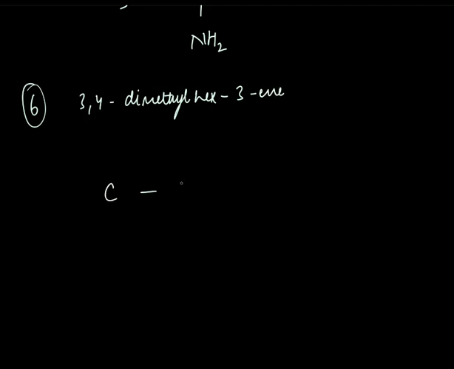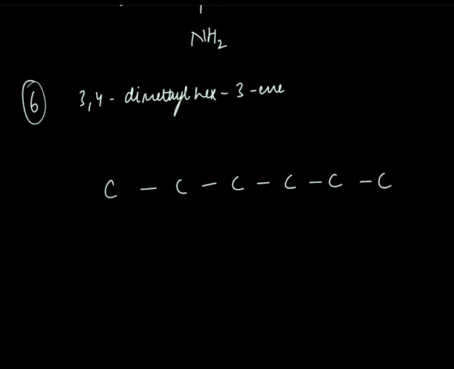So again, 6 carbons you have to make. So 3-ene means, not a triple bond, on the third carbon a double bond is there. So here.